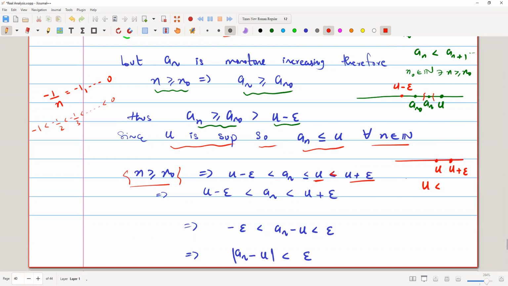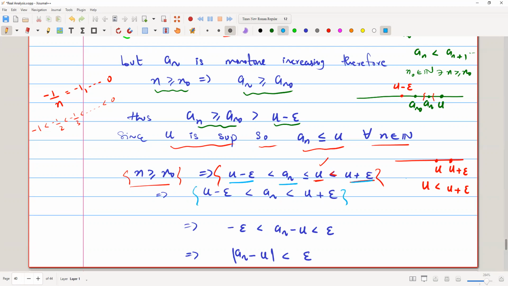So u is less than u plus epsilon. Now we construct the argument: u minus epsilon is less than a n, is less than or equal to u, is less than u plus epsilon. Now we remove this u, we don't need it. We can just take these three elements to complete the argument.